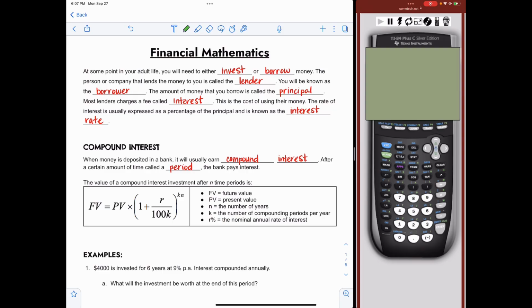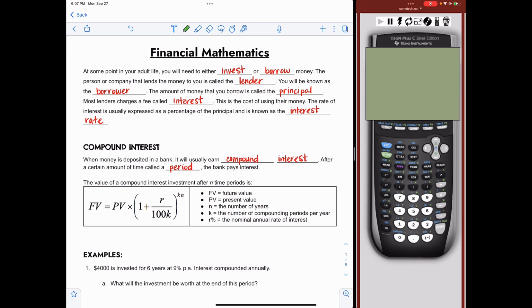When money is deposited into a bank, it will usually earn compound interest. After a certain amount of time, which is called a period, the bank will pay you a certain amount of interest. The value of a compound interest investment after n time periods will be equal to your future value.